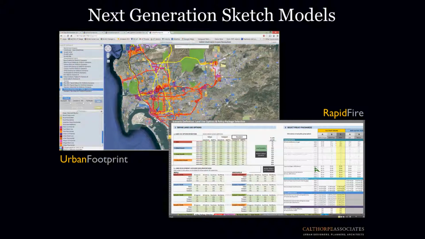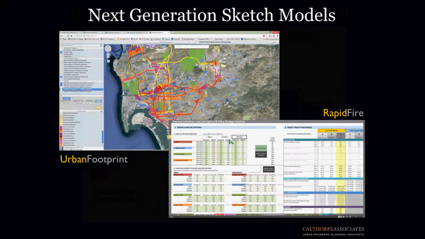But the bottom line is that we felt we needed to build, we were compelled to build, a better mousetrap. And we built a couple here. RapidFire has been deployed across the state, including as part of SCAG's RTP/SCS in 2012, across the Central Valley, statewide, and outside of the state as well. And UrbanFootprint is being utilized now as well. So we'll talk more about that.